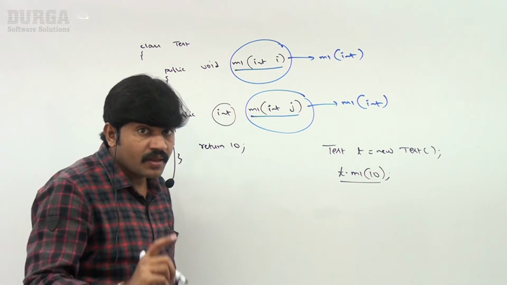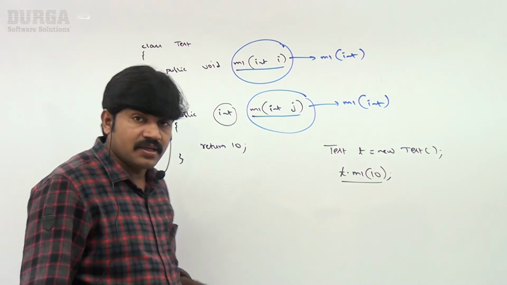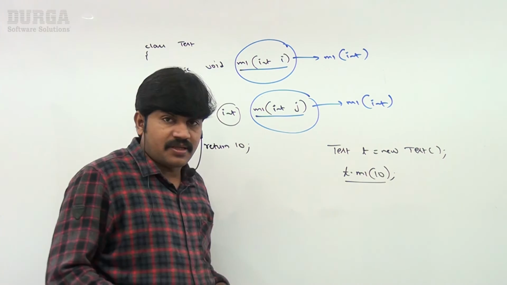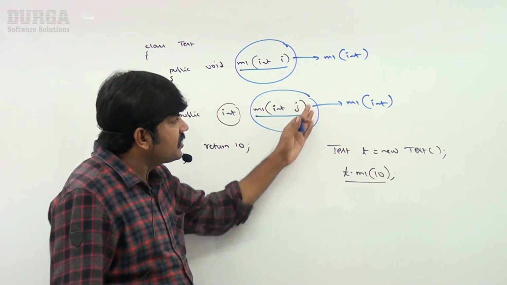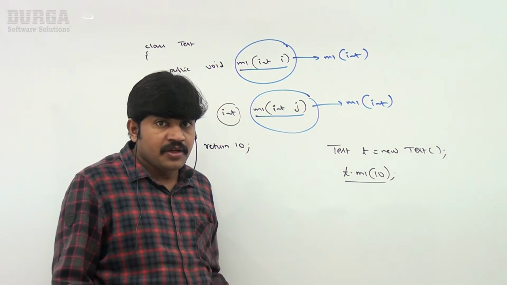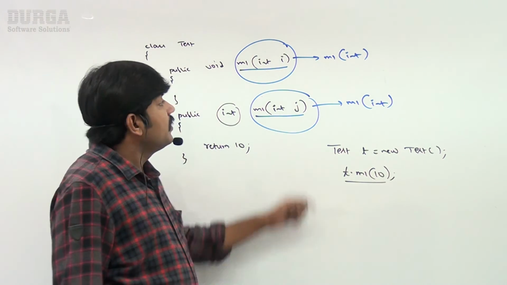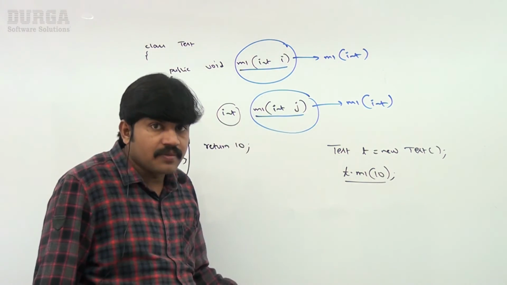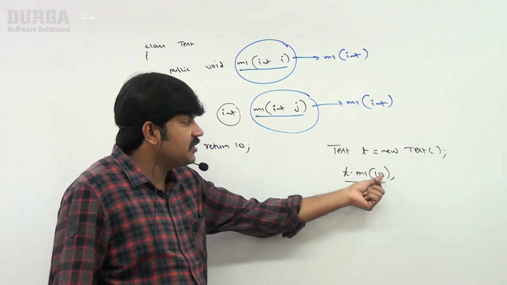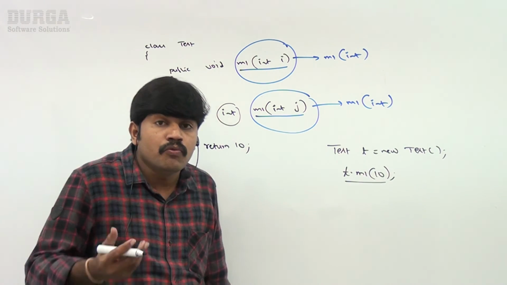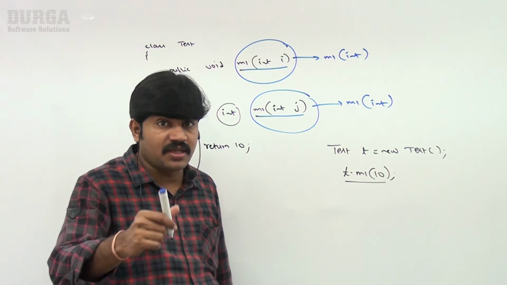Now, two methods with the same signature are not at all acceptable. Because if any person calls m1 by passing an int value, which m1 method has to respond? It is always a problem.